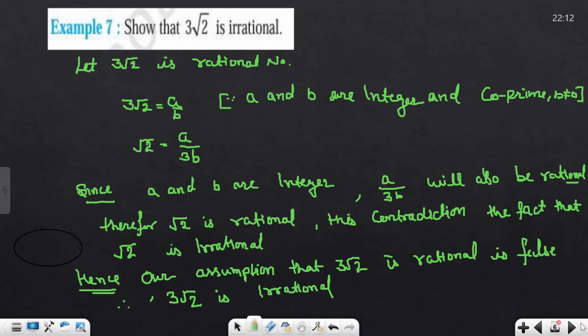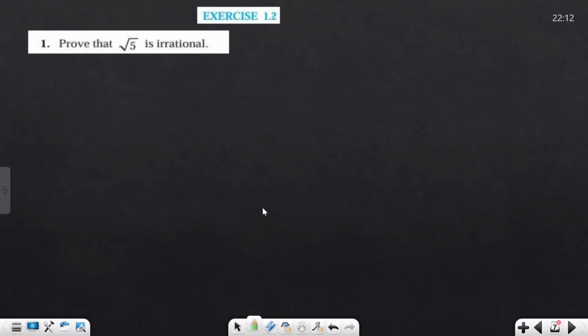Okay, move on to the next. Our exercise 1.2, root 5. How do you solve root 5? Similar to example number 1. First step, let root 5 be a rational number.